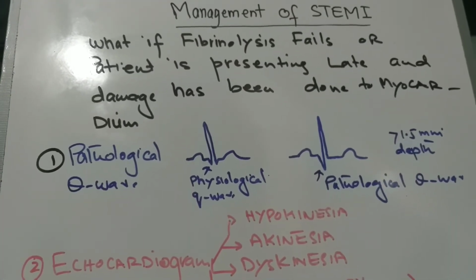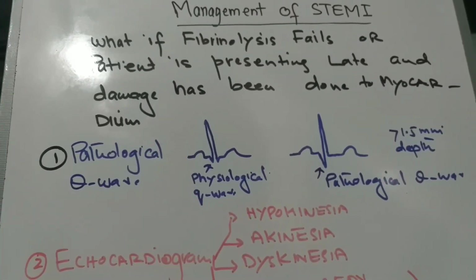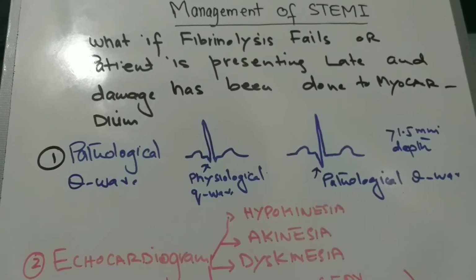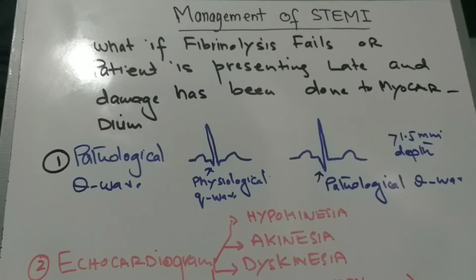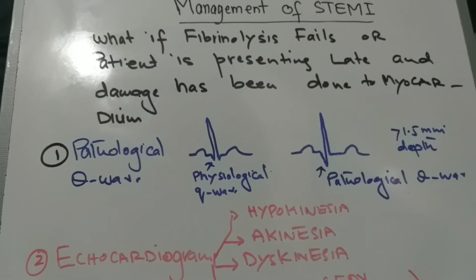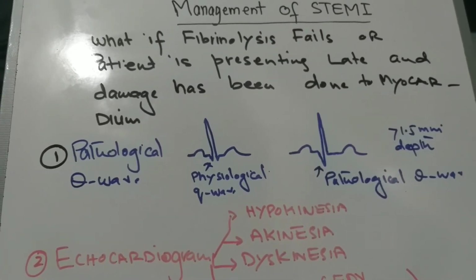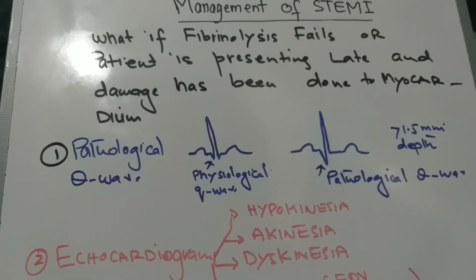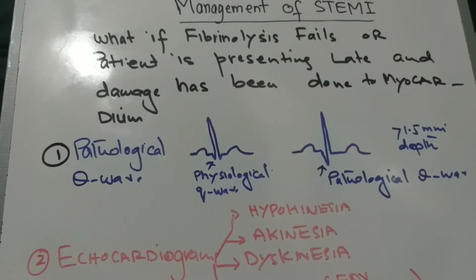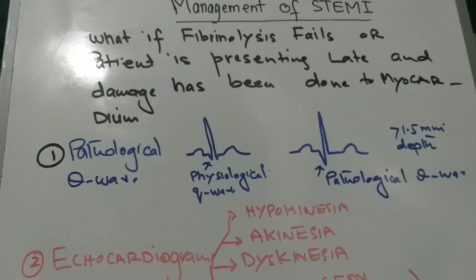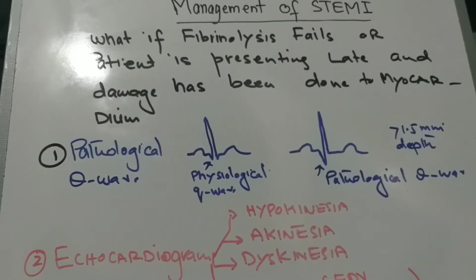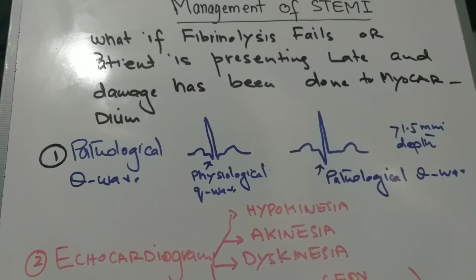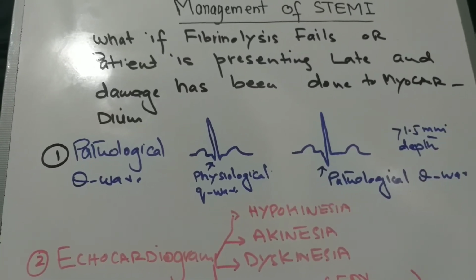But in those cases where the patient had myocardial infarction in the past, and either couldn't get the treatment or the treatment failed, but somehow they survived that attack, there would be deep Q waves. When I say deep, I mean they are more than 1.5 millimeter in depth, and one small box in the ECG is 1 millimeter, so they are more than 1.5 small boxes. They are known as pathological Q wave.